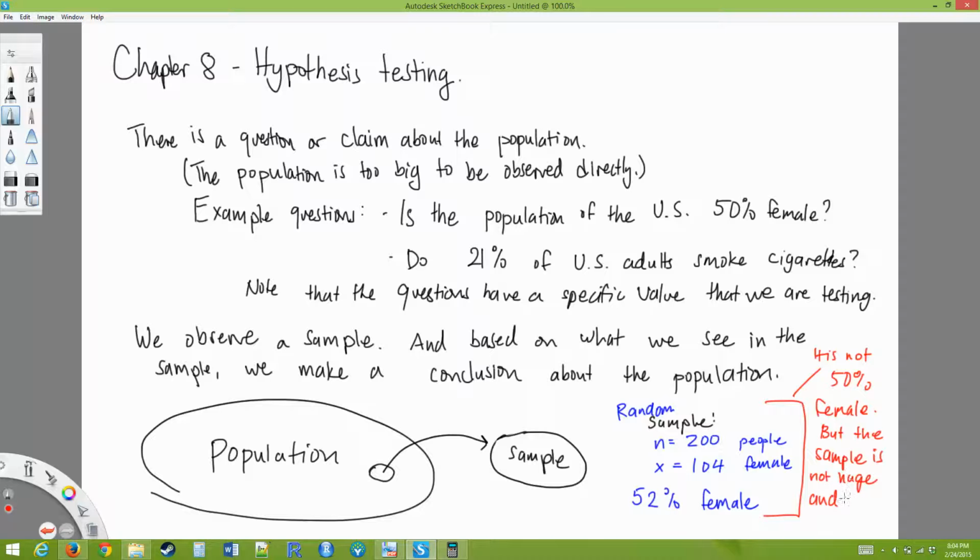And 52% is not significantly different from 50%. I'm so sorry, I'm running out of space here. Let's see. What do I do? Is not significantly different.